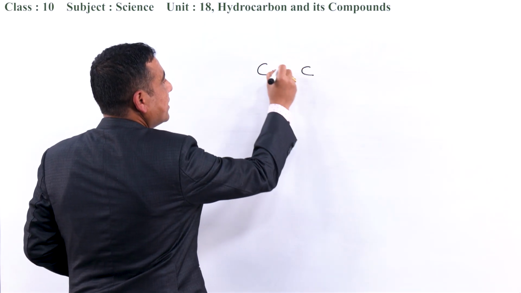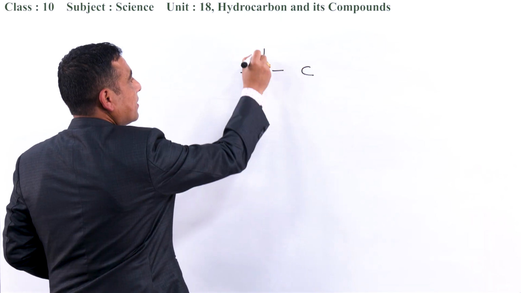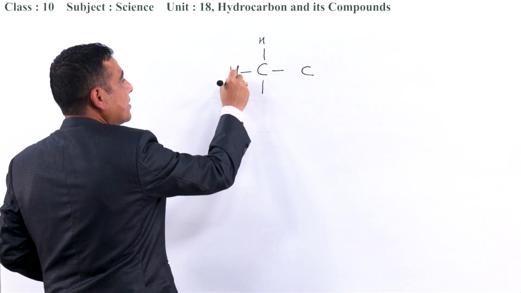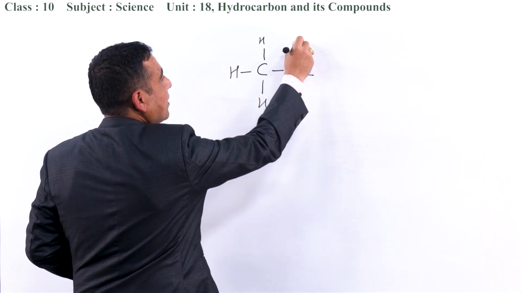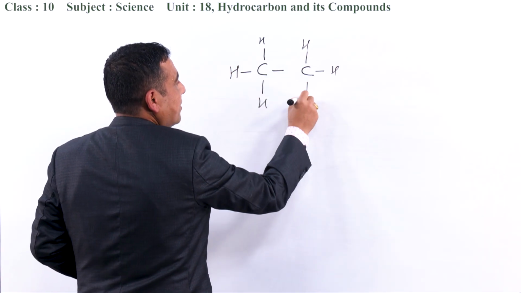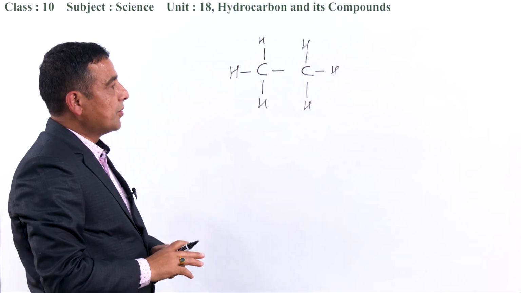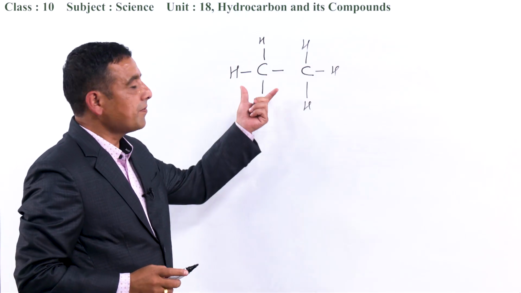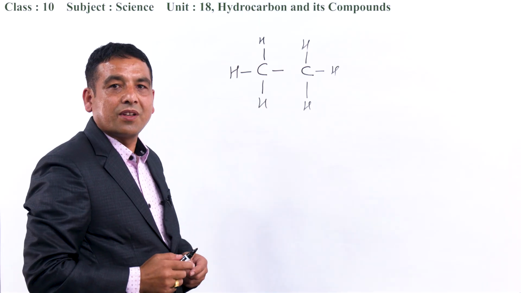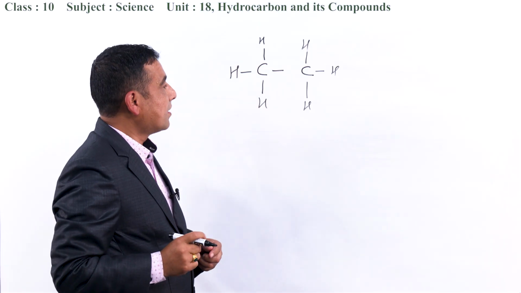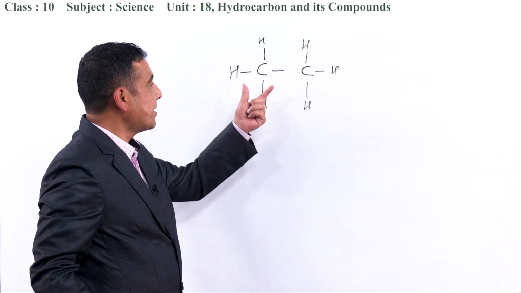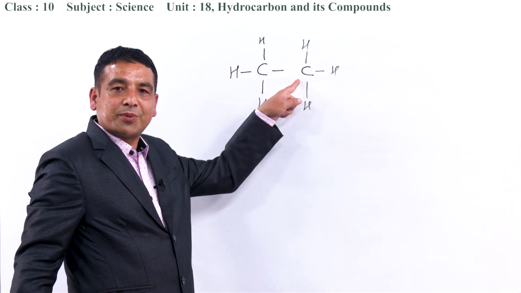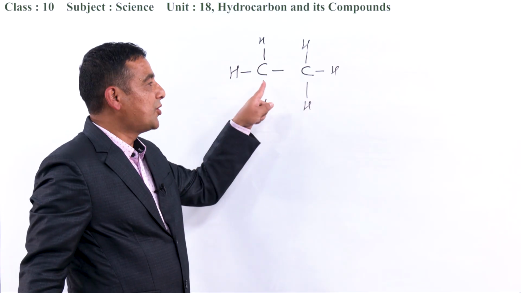C, this is hydrogen, this is hydrogen, this is hydrogen, hydrogen and hydrogen. So, the word root refers to the number of carbon atoms in the hydrocarbon. How many carbons do you see in this compound? 2.